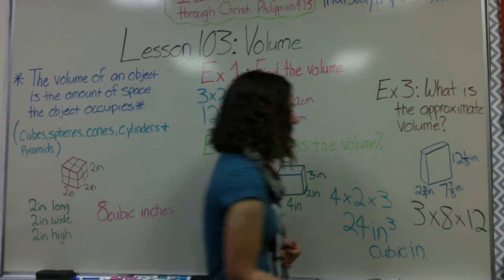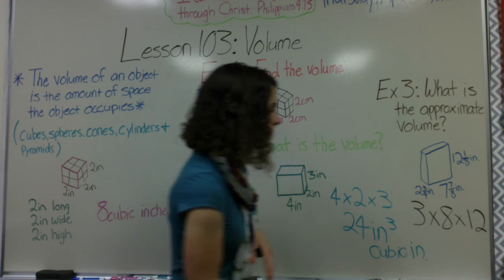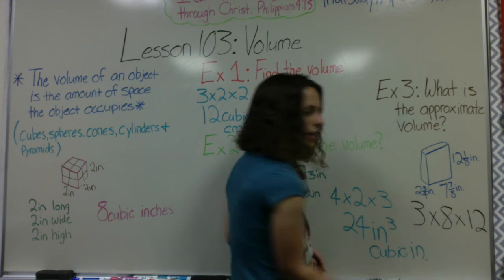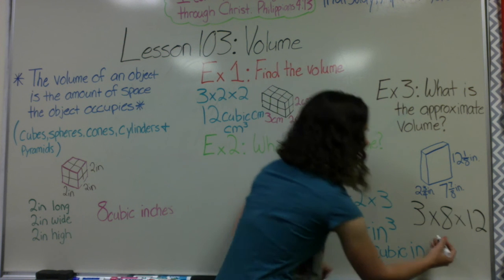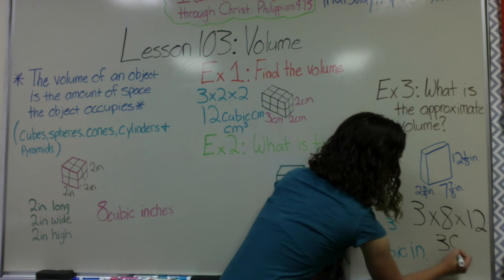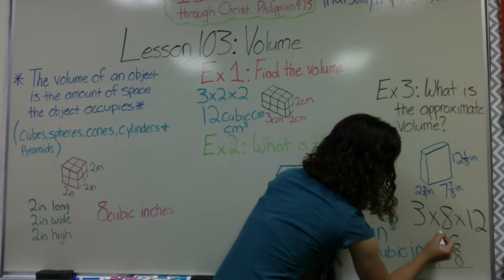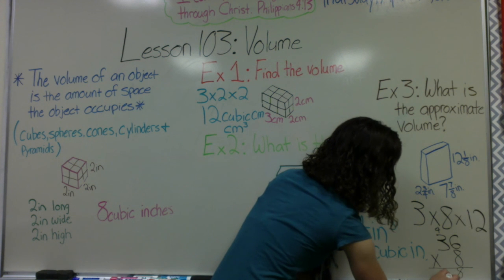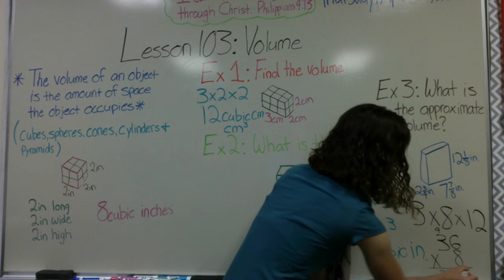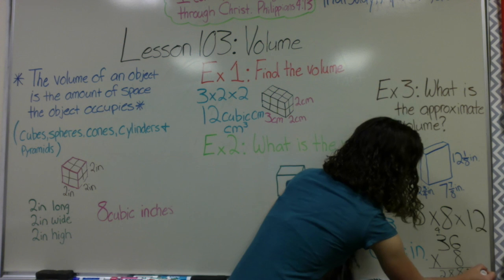So I have 12 times 8 times 3. Well, 12 times 3, I know off the top of my head, is 36, and I'm going to do 36 times 8. I think that would be the easiest way to solve it. 36 times 8 is 288, so that would be 288 inches cubed.